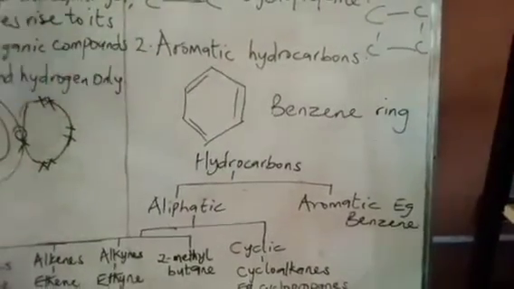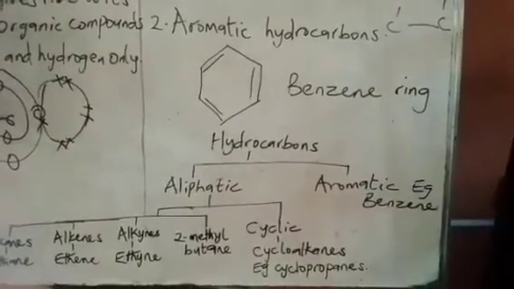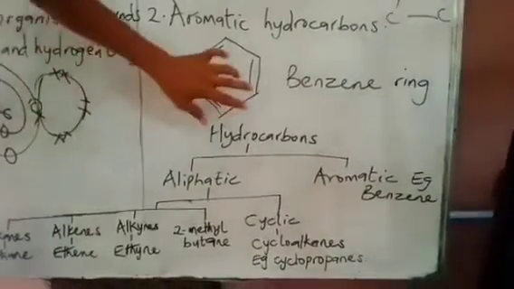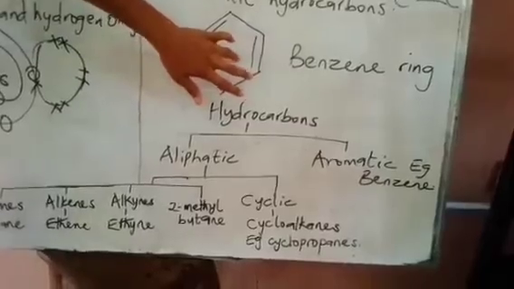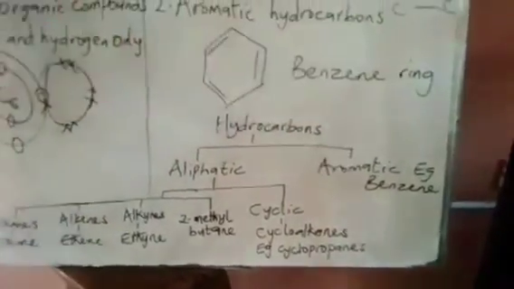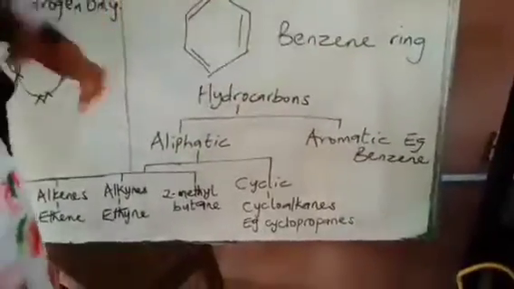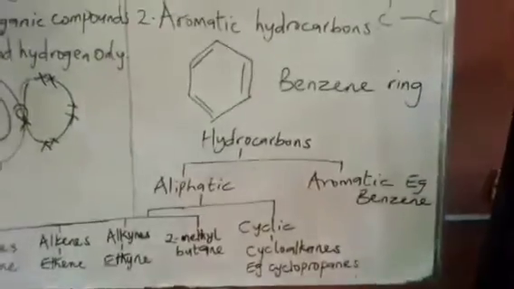Now we look at aromatic hydrocarbons. It's actually a ring. In fact, this is just a major part of hydrocarbon. And when we talk about it, we're talking about benzene and every compound that it forms. We're talking about benzene ring. Whenever you hear anything about aromatic hydrocarbons, we're talking about benzene ring and everything that forms from the benzene.